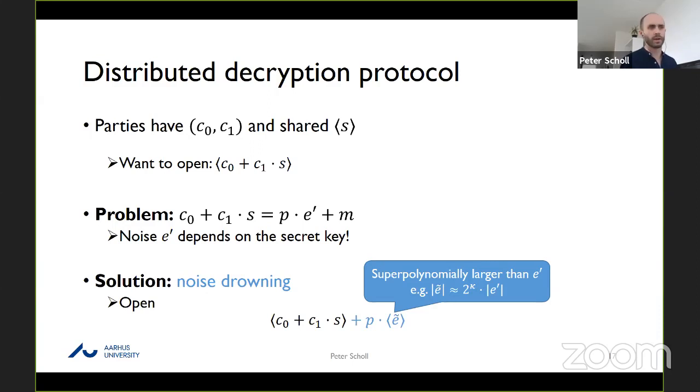So to do that, each party can just sample locally some share of E tilde and then add this up when revealing the ciphertext. And in practice, you need this to be about, say, 2 to the 40 or 2 to the 64 times bigger than the noise bound of your ciphertext.